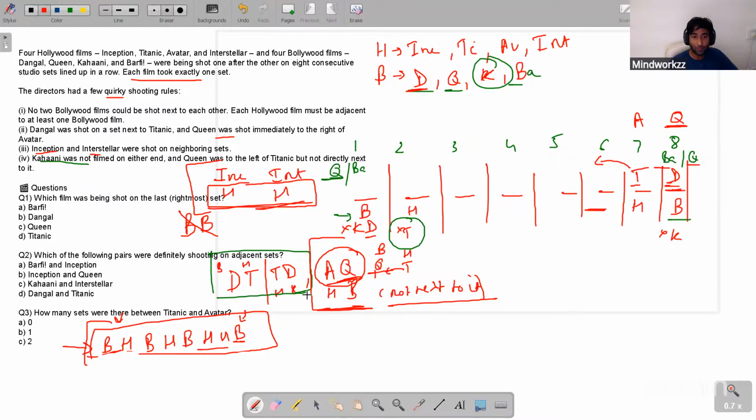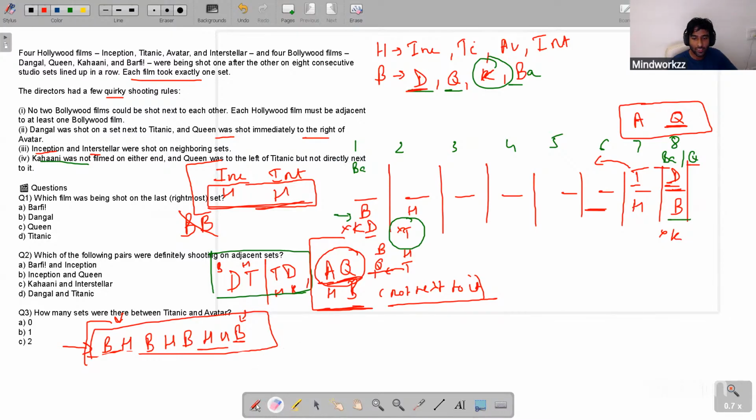Similarly, if I end up placing Queen in the first place, I know that Queen cannot come here, because if I have Queen here, then I don't have space for Avatar. Queen was shown immediately to the right of Avatar, so we don't have space for Avatar.